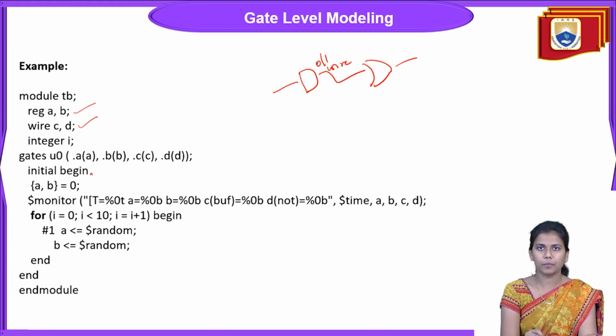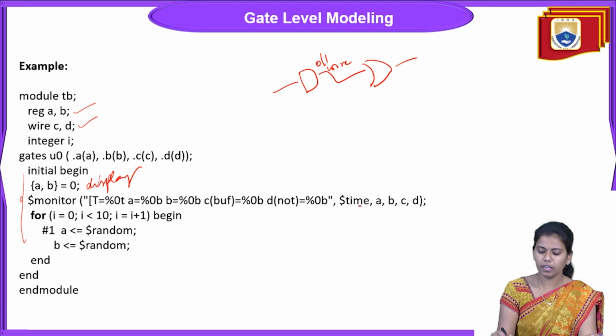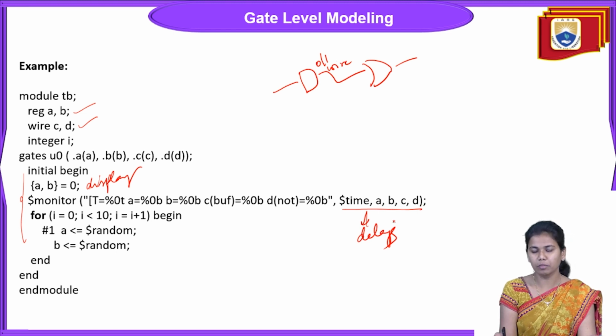And initial begin, when it comes to the statements, I am beginning my statements. I am starting with the keyword initial begin. A and B as 0. Monitor, I am displaying time, A, B, C, D. Obviously, it will represent the delays. The delays will come across, like A, B, C, D at the input and obviously at the output.